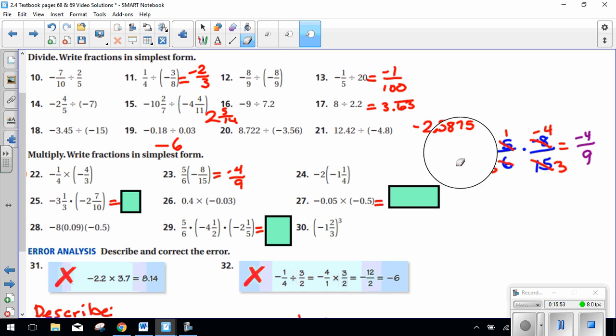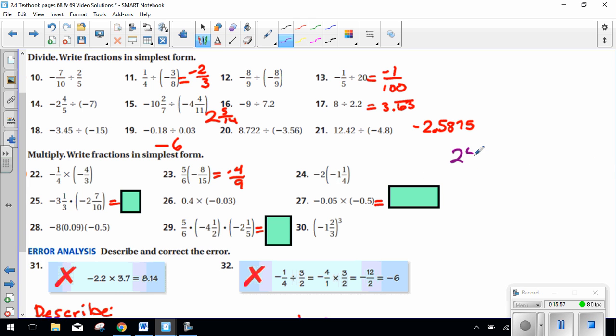All right, let's move on to 25. So 25, we have negative 3 1/3 times negative 2 7/10. So the first thing we're going to do is make these improper. So 3 times 3 is 9, plus 1 is 10. So negative 10 over 3 times 10 times 2 is 20, plus 7 is 27.